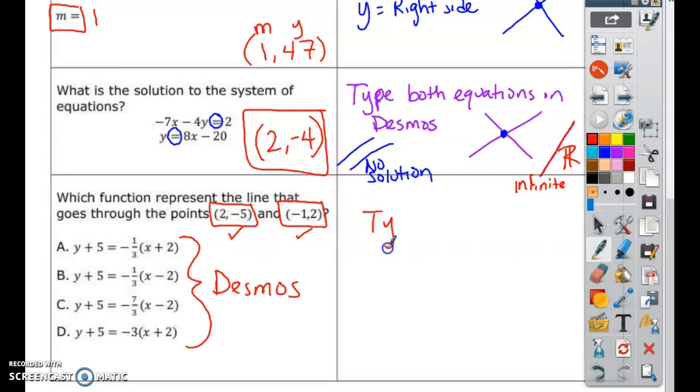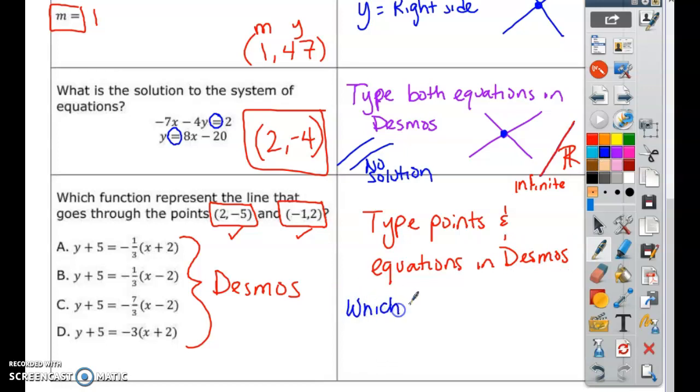So type the points and equations in Desmos. And then it's which one goes through both points.